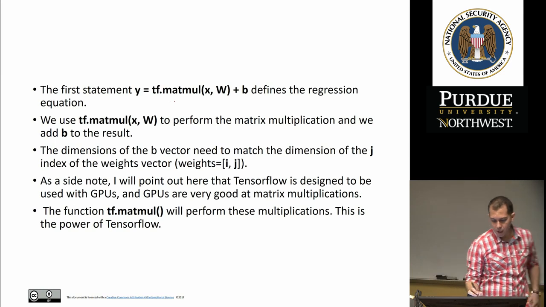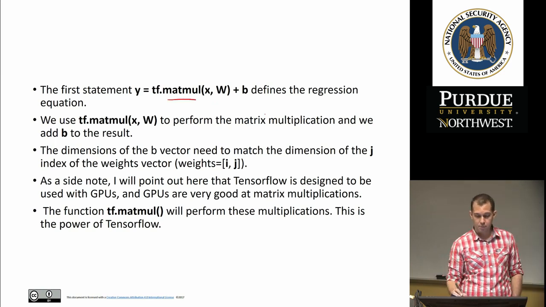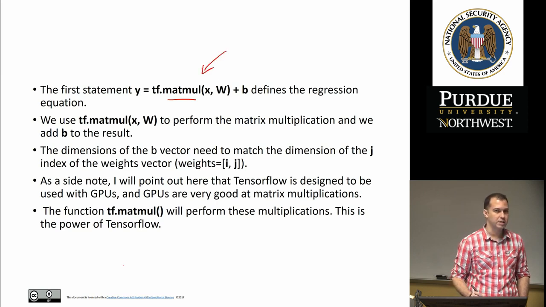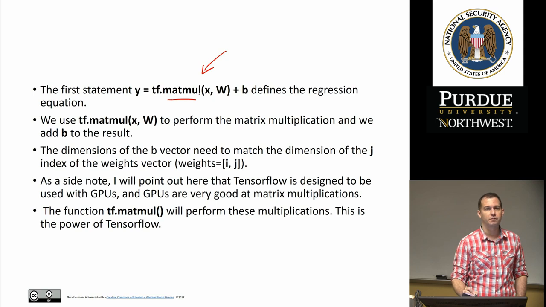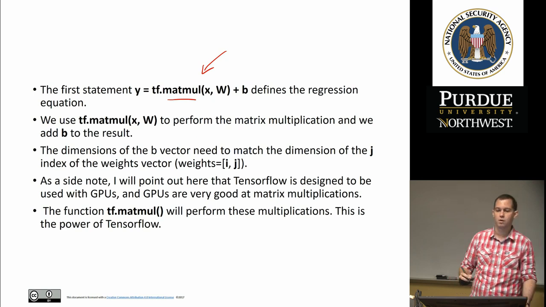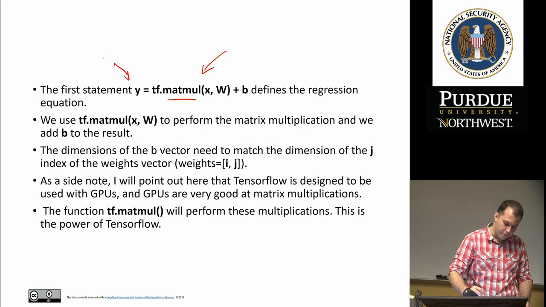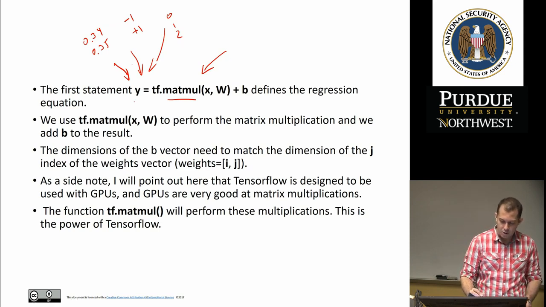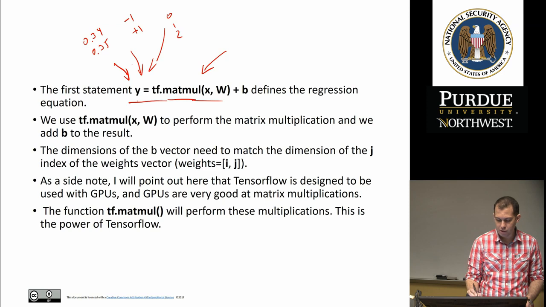So the first statement, tf.matmul(x, w) plus b, defines the regression equation. You will notice, actually, as we start doing more examples, that this function is involved in everything, right? We're going to see it over and over and over again. Whether these are real valued numbers, 0.35, 0.39, or they're classes, whether they're like -1 and 1, or they're 0, 1, 2 classes, these values might change, but the structure of the function does not change, right?